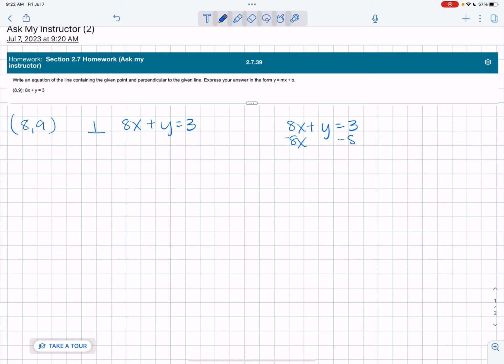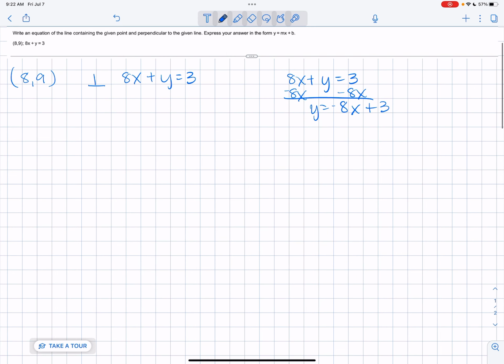I'm going to subtract 8x from both sides. So that's going to give me y equals negative 8x plus 3. All right, so over here, we've got, pretend that's a straight line. Let's try that again. Close enough.